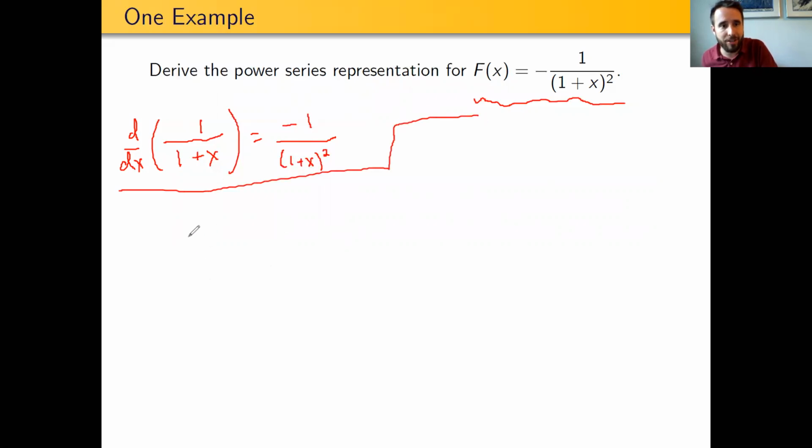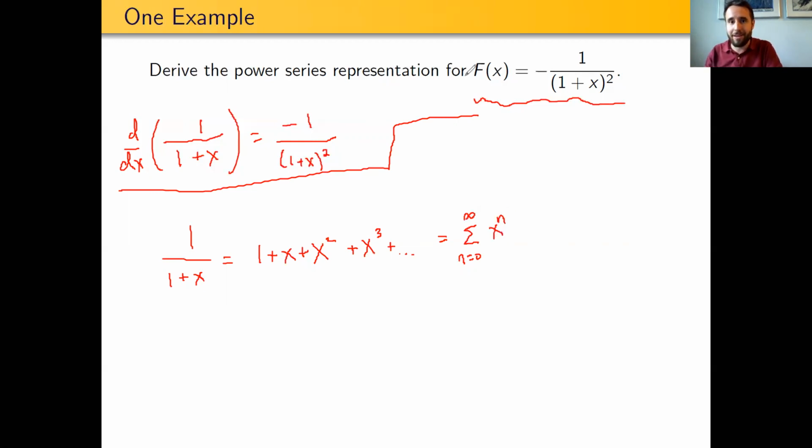We can make the observation that 1/(1+x) has the power series representation 1 plus x squared plus x cubed, right? This is just our geometric power series. And so that's equal to the sum, as n goes from 0 to infinity, of x to the n.